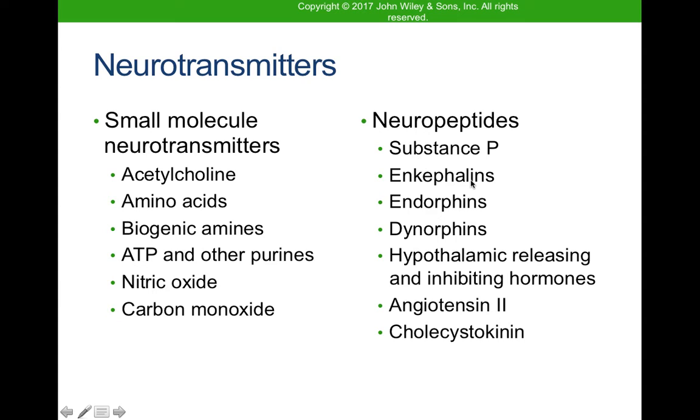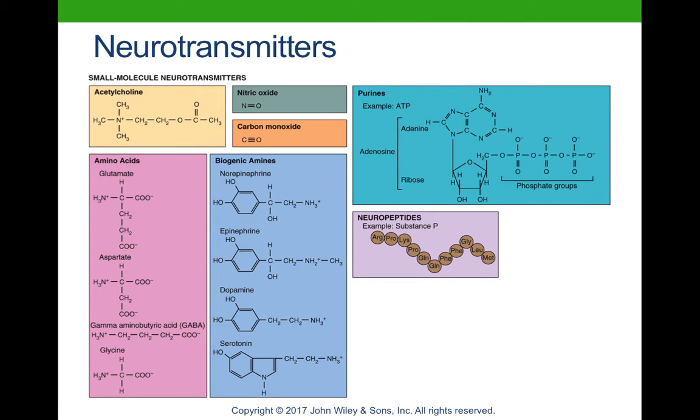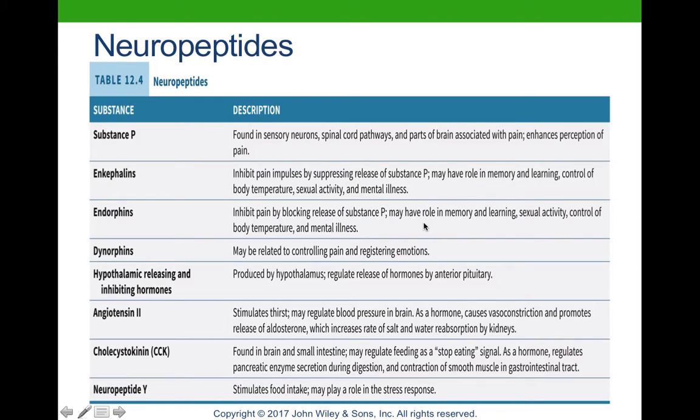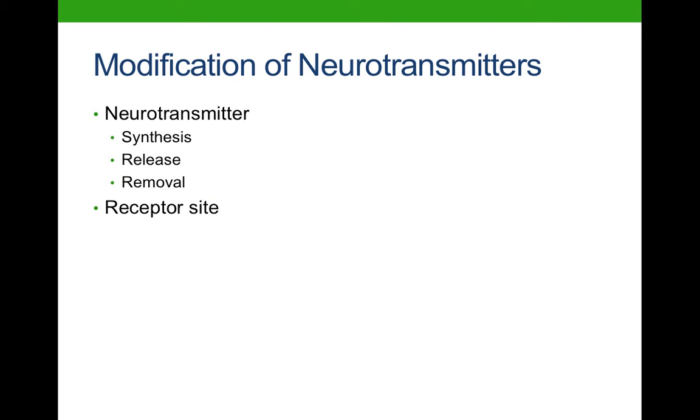The important neuropeptides include endorphins, hypothalamic releasing and inhibiting hormones, angiotensin II, and cholecystokinin. This just shows the chemical structure of the neurotransmitters and breaks them into the small molecule neurotransmitter groups and shows you the neuropeptides. This table includes some of the neuropeptides and their descriptions.